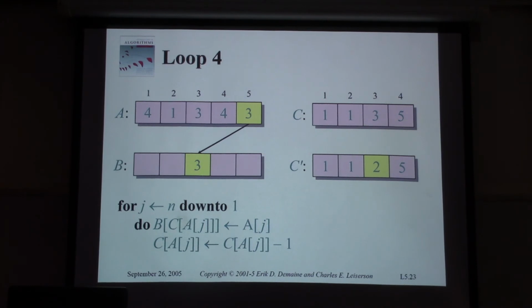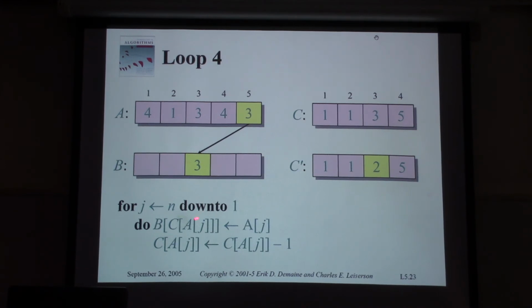So what we're going to do is assign A sub, what's J specifically? 5. So A sub 5 is assigned. Now, what is A sub 5? It's a 3. So I'm going to go into C3. C3 is 2.